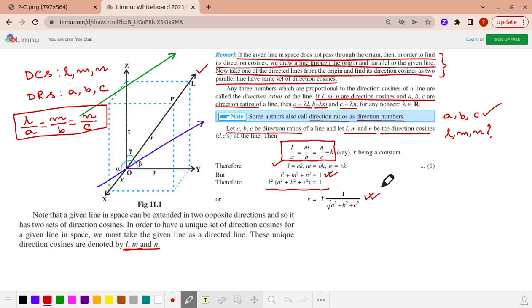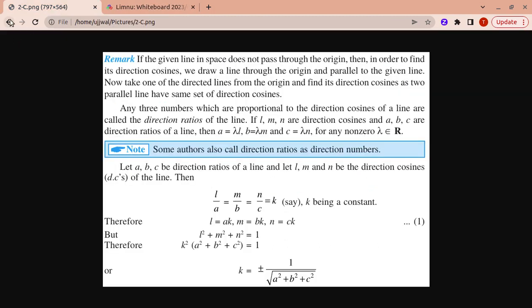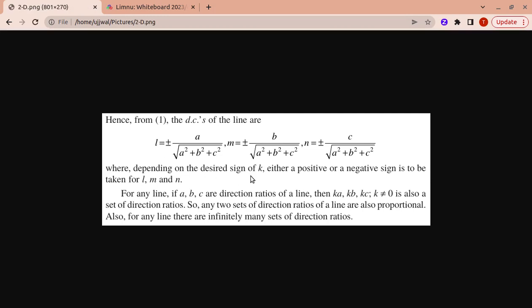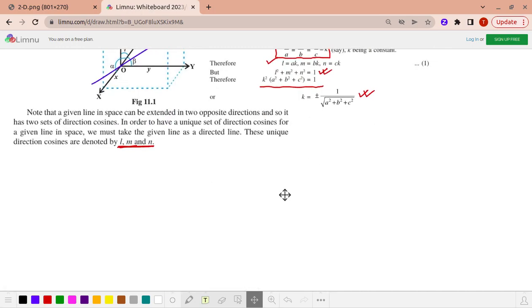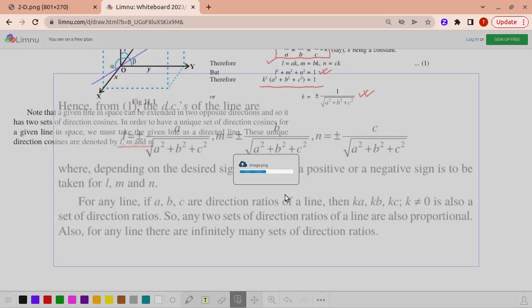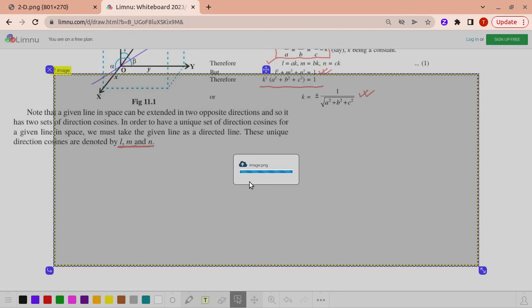So then we can easily find the values of L, M and N in terms of A, B, C, and let me show you here, just a minute. Let me first place the note and then I will explain.